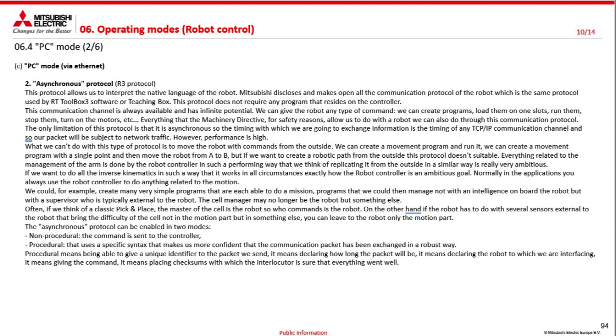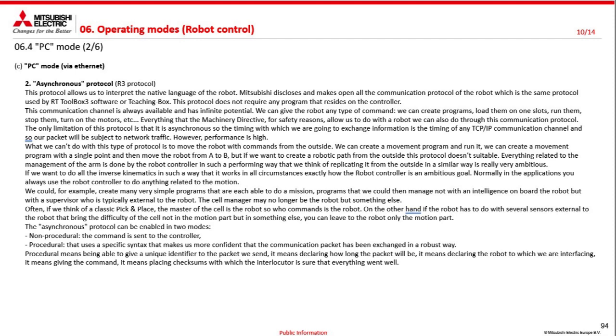For example, we could create many very simple programs that are each capable of carrying out a mission, programs that we could then manage with an intelligence on board the robot, but with a supervisor who is typically external to the robot. The cell manager may no longer be the robot, but something else.